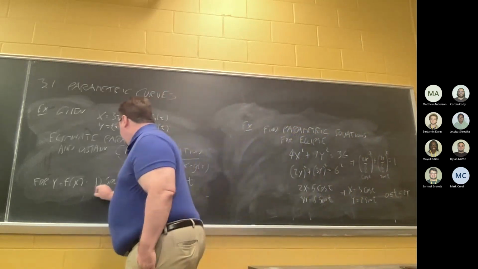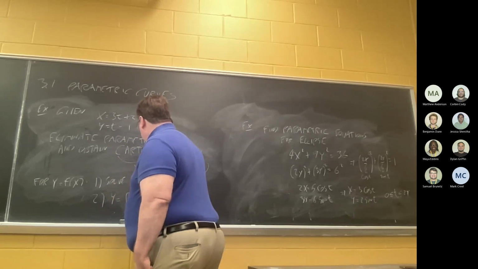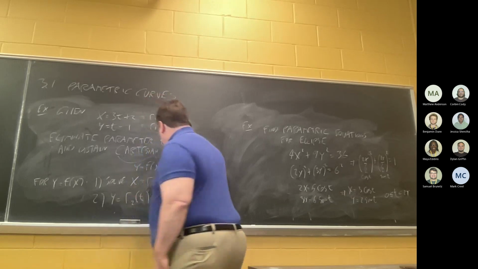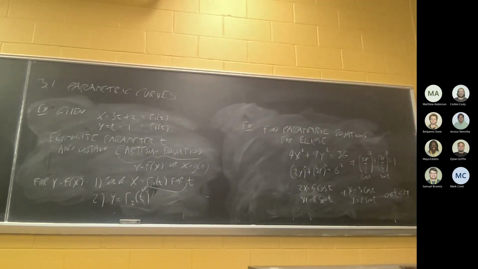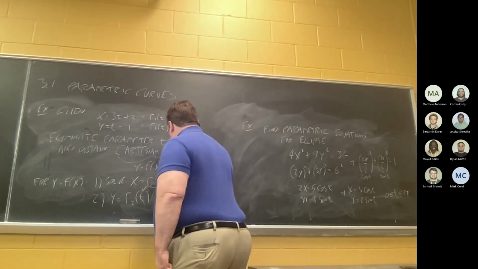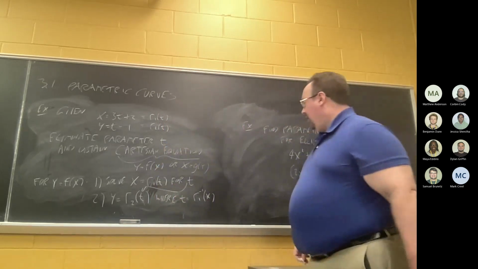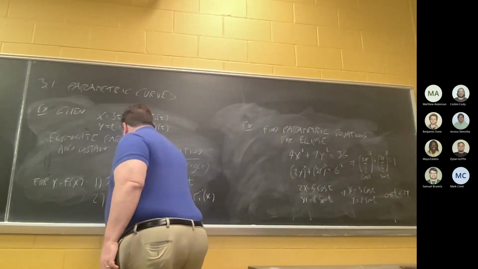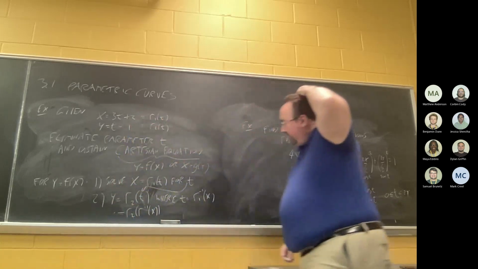And then y is equal to R2 of t, and you substitute your expression for t, which is now described as a function of x. So t is R1 inverse of x, the inverse function of R1. So in other words, y is R2 of R1 inverse of x. That's how you can describe y as a function of x.